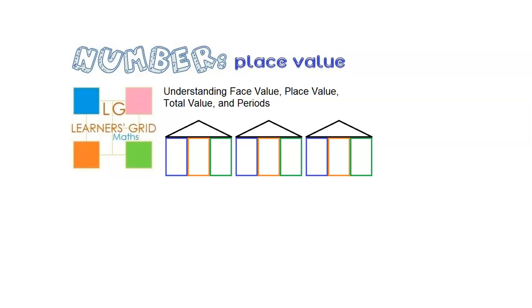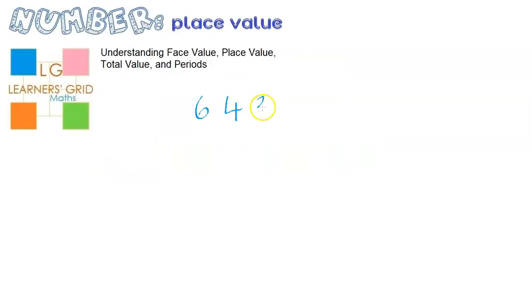So when we use numbers, we use digits, right, to create those numbers. So for example, in the number 643, we're using 3 digits, right? 1, 2, 3.